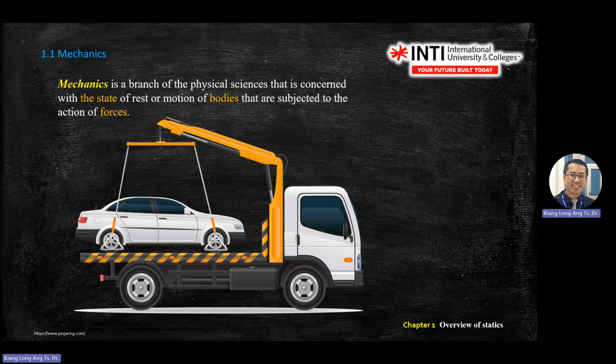If this lorry does not move, this car does not move. However, some mechanics still happens in the cable because of the car's weight, car mass, and something happens to the bodies. This is internal force, which you will solve in a later chapter. Anyway, we will look into forces most of the time and what happens to the bodies.